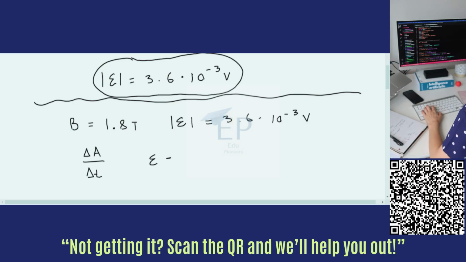So again, we're just going to consult Faraday's law, specifically the magnitude of Faraday's law. Now our change in flux is going to be B times A final minus B times A initial, since the field is going to be the same during this rapid change in size, but the area will change. Or if we rewrite that by factoring out B, we'll have B times the change in area.